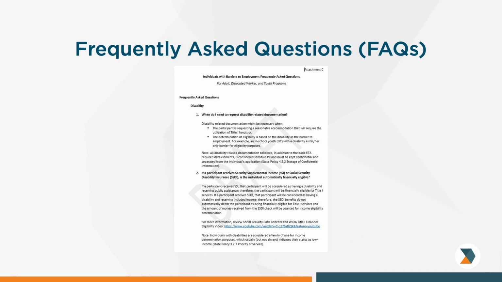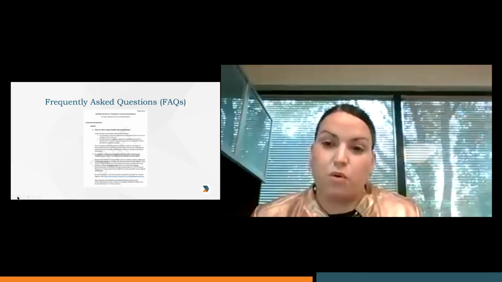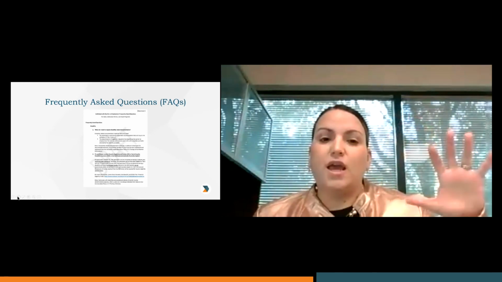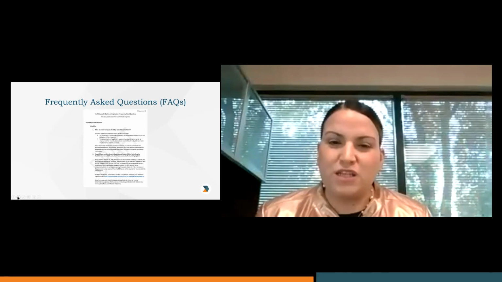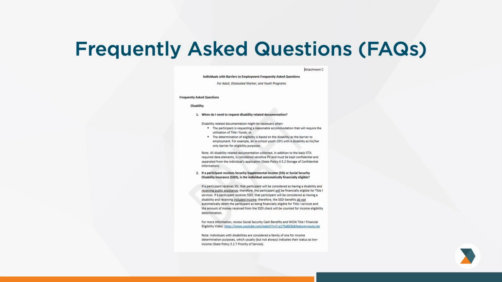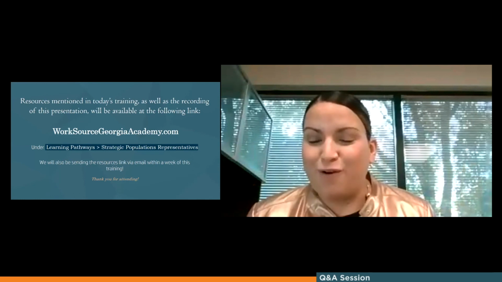For example, you have your disability questions, and then you have veteran related questions, youth related questions, ex-offender or justice involved related questions, and just general questions to help you on your day-to-day decision making when you're serving these participants, or when you're training your staff, or when you are reviewing these cases. We want to make sure that you leave this training with tools that you can use beyond the training. And with that, that concludes our training report out piece of this process.